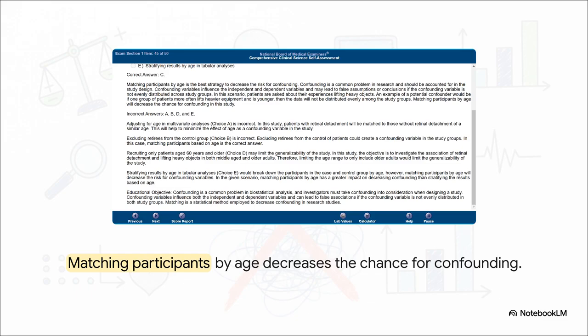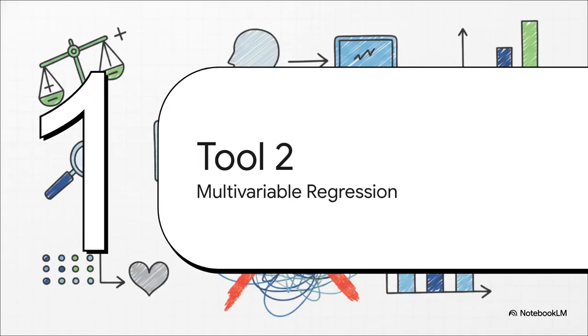Matching participants by a known confounder, like age, transparently decreases the chance for confounding. By actively, physically matching patients based on these characteristics right at the inception of the study, researchers successfully mimic the configuration of a randomized controlled trial within a data set that was never actually randomized in the first place. Pretty brilliant, right? But matching isn't our only option.